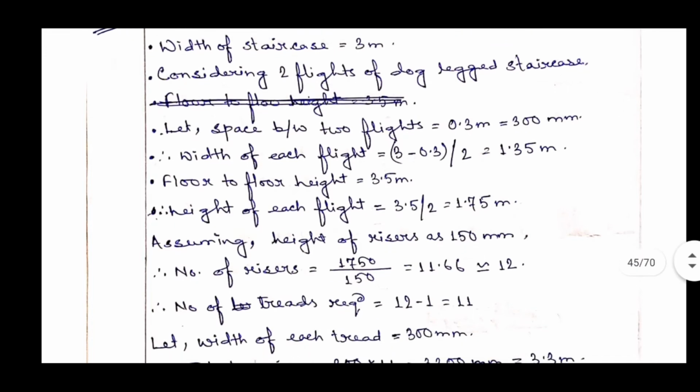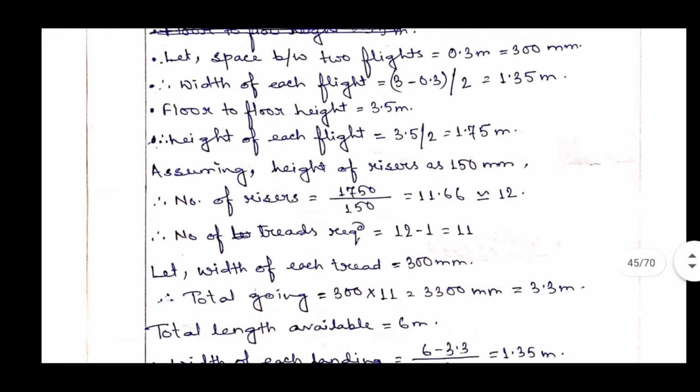Okay, so let the width of each tread be 300 mm. Therefore total going is 300 into 11, that is equal to 3300 mm or 3.3 meter.